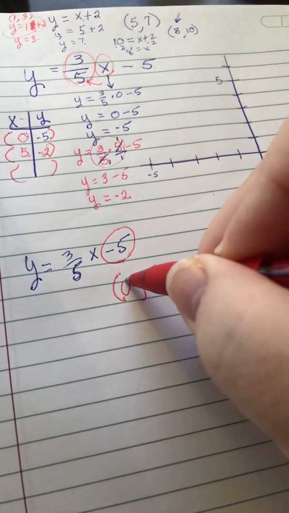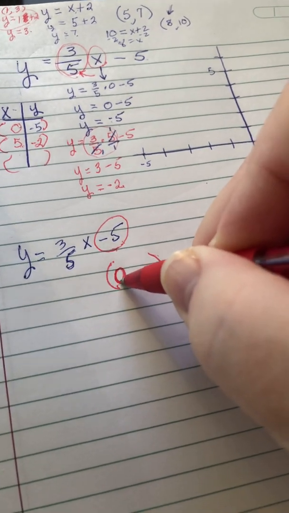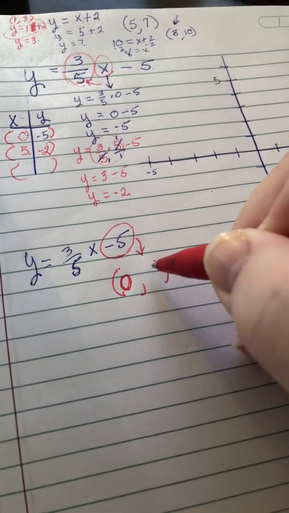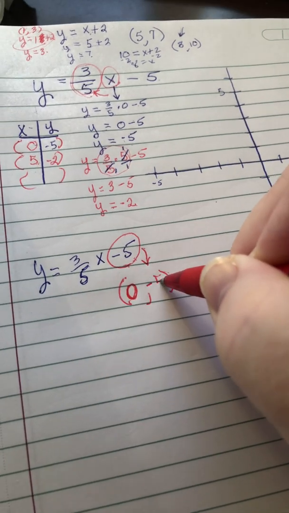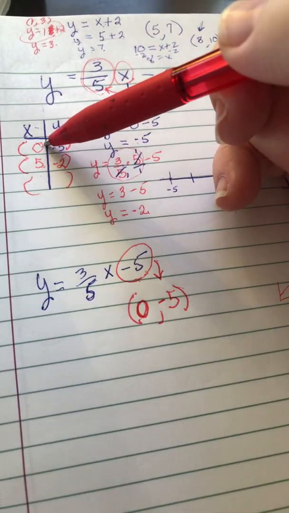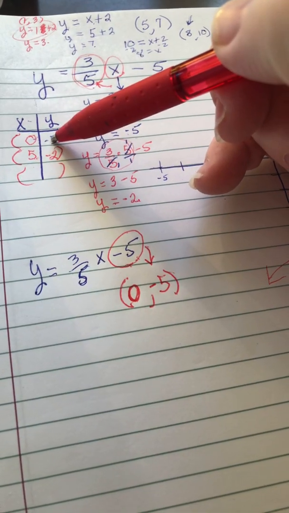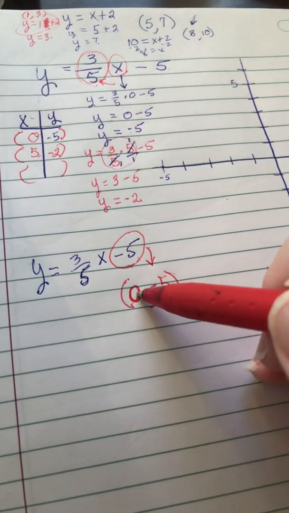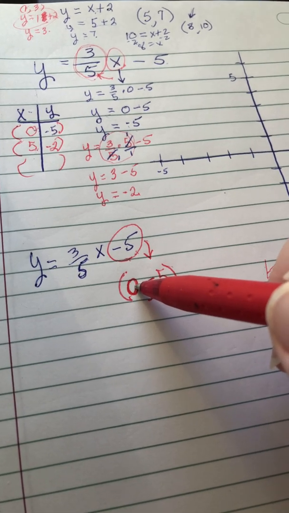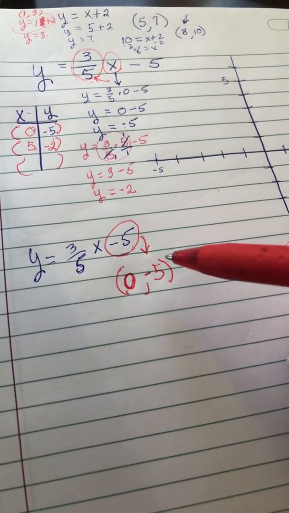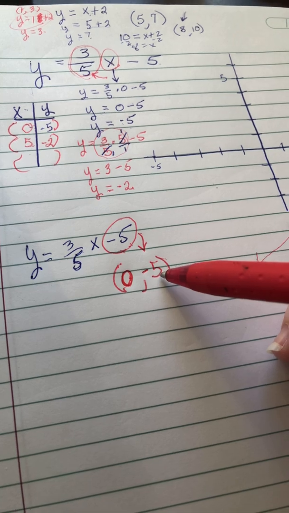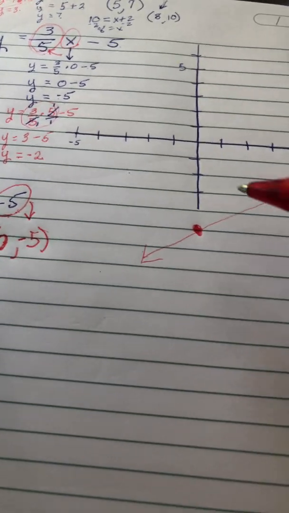You always put 0 in for the x, and then whatever number is sitting here is what is for the y. So 0, -5. Notice that's the same set we found up here when we put 0 in for x. Every single time that x is 0, you will be finding the spot on the y-axis where your line is going to cross the y-axis. Isn't that what happened here?